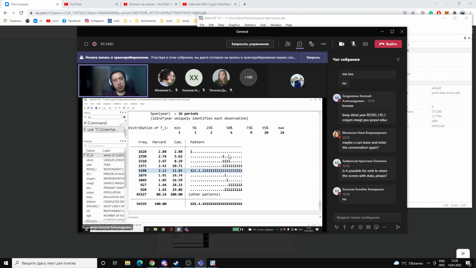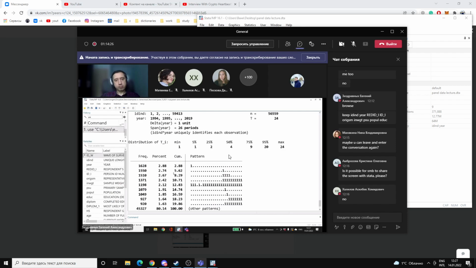Well, look, while in our data we have almost 60,000 persons, just 2% of them are observed from 1994. And we see that nearly 2.4% of persons are observed probably from 2002 to 2003.